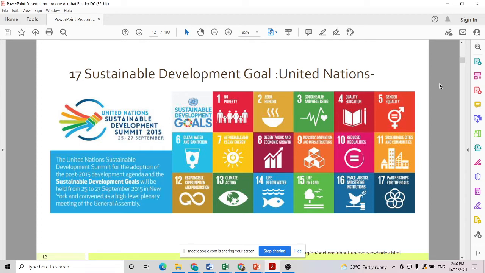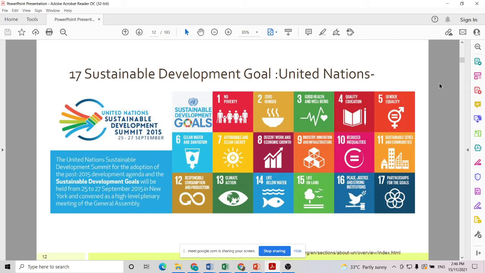Then we have reduced inequality, sustainable cities and communities. Number 12, we have responsible consumption and production, climate action, life below water, life on land, peace, justice, and strong institutions, and lastly, partnership. What is a partnership?